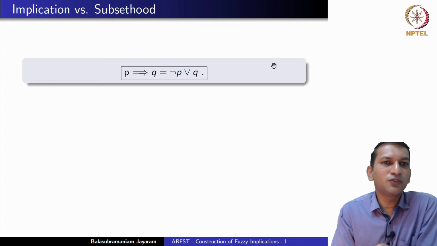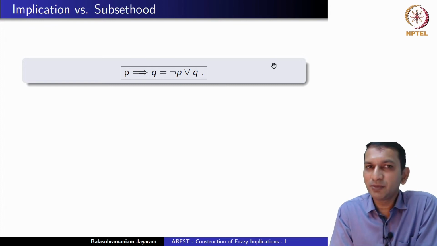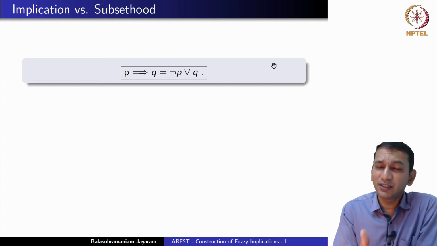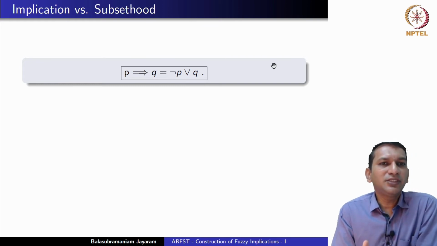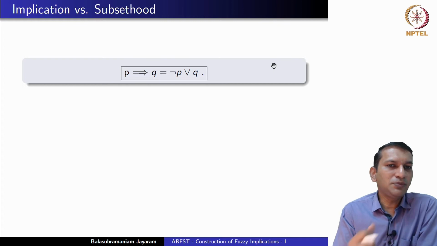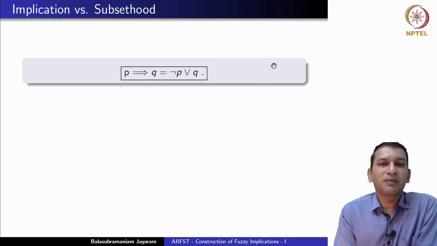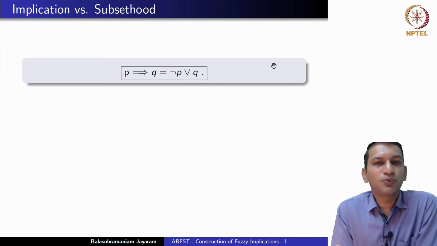That means if P is false, then the conditional doesn't come into the picture. The antecedent is no more true, so the conditional doesn't come into the picture. So you see that negation P or Q captures this fact and says that whenever P does not happen, still the conditional is valid.